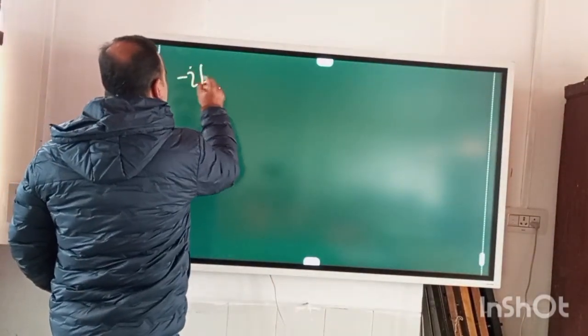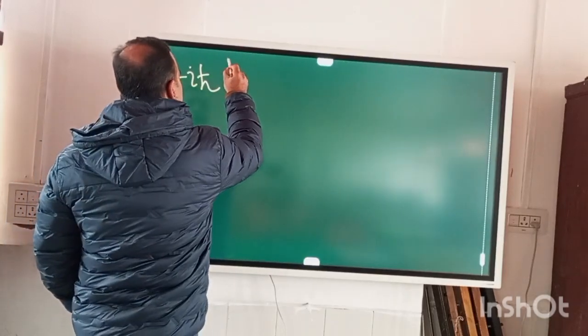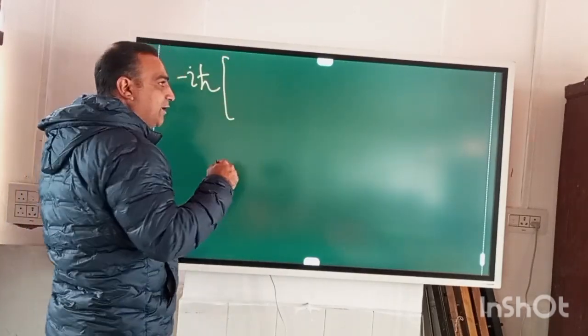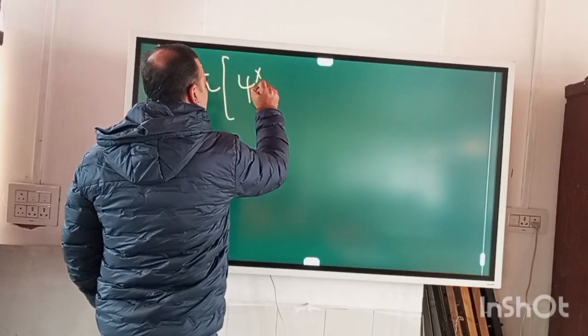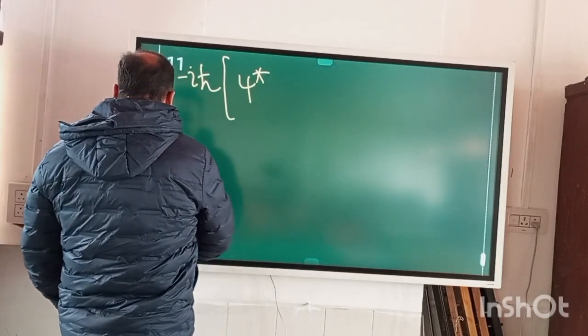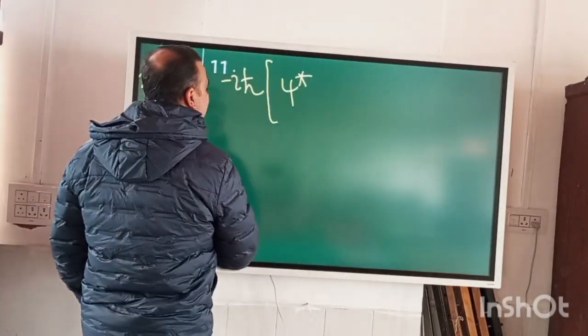When I apply integration by parts, minus i h bar will be outside, and inside I will have u as psi star, times the integration of v. So what is v?